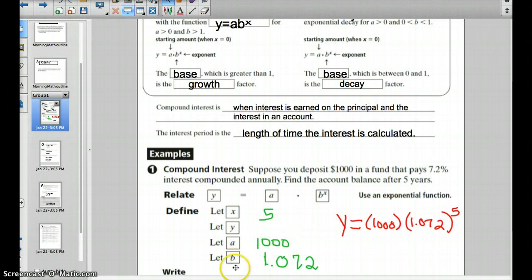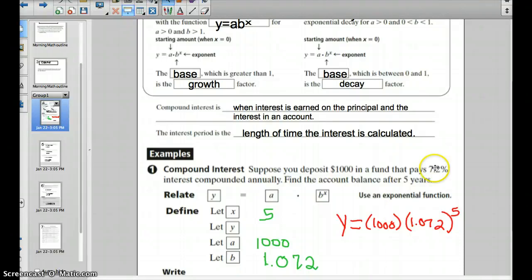Now, the B value is the tricky part. Our B here is 1.072. Remember, we're adding or increasing our balance by 7.2%. So in order to get this B value, what you need to do is you always start at 1. Okay, you're starting at 1, and then if you're increasing or growing the amount, you're going to add that percent to it.